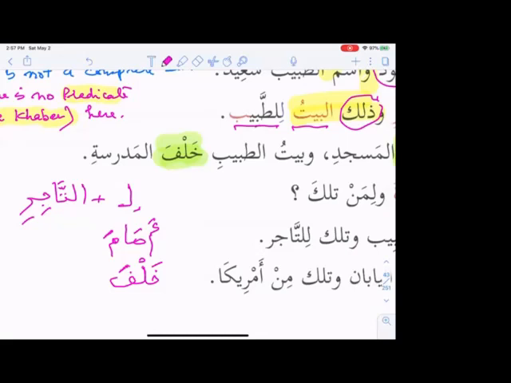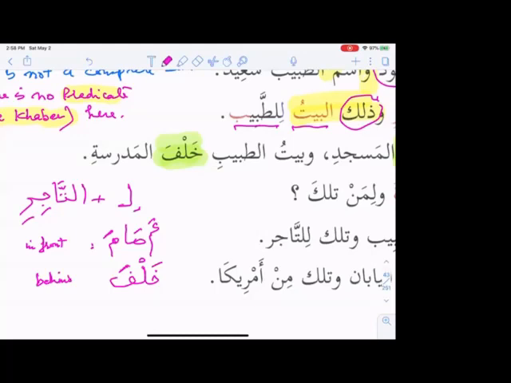So what is the meaning of amama? In front. So it's a place that I'm pointing out. And what is khalfa? Behind.